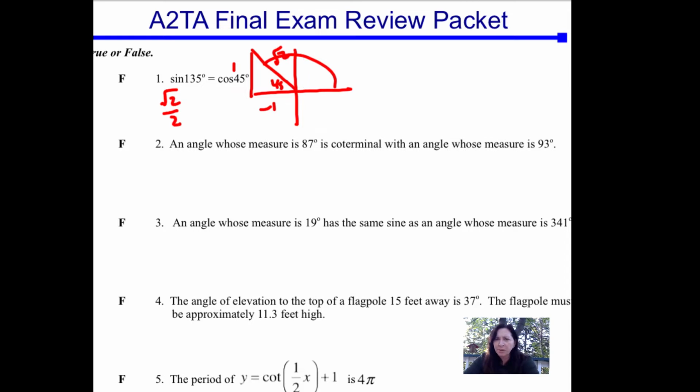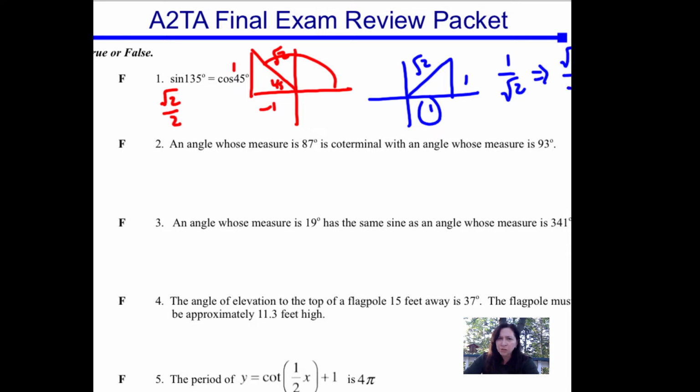Cosine of 45 degrees, and cosine is in the first quadrant at 45 degrees, so that's 1 square root of 2. So cosine being adjacent over hypotenuse, 1 over root 2, again, which translates to root 2 over 2. So these two are correct.